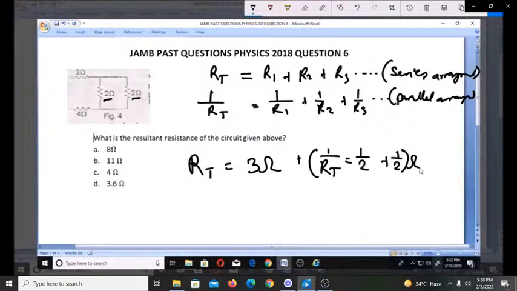Then plus this one is also in series with the total arrangement. So we have what? 4 ohm. So that's what we're going to have.